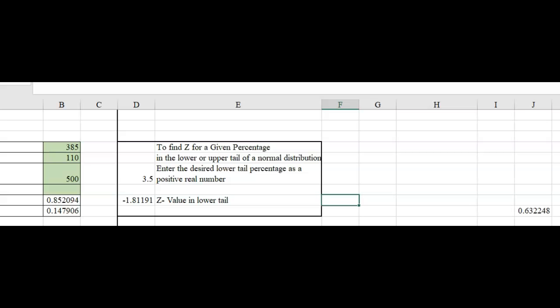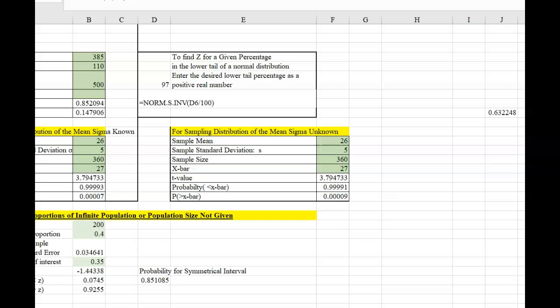It's important that you use the Stats Toolkit version that is 55 or above. I'm sorry, 56 or above. In this area of the normal probability tab, it lets you find z for a given percentage in the lower tail of the normal distribution.